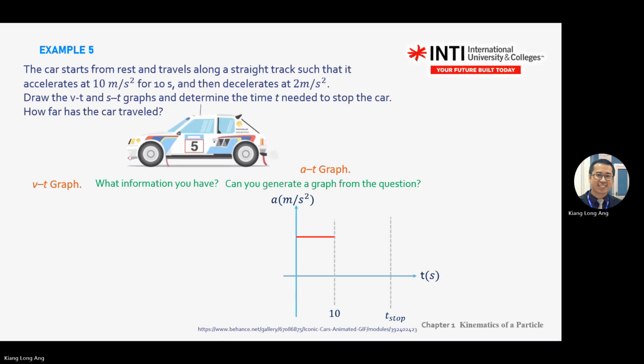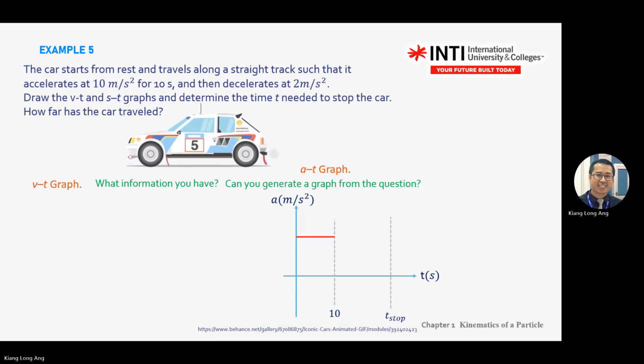If you draw like your friend says, 8, why 8? Does it agree with the question? The question says accelerate at 2. If you draw 8, it means it still accelerates at 8 meters per second squared after 10 seconds. From 10 to 8, up here to 8 like that.